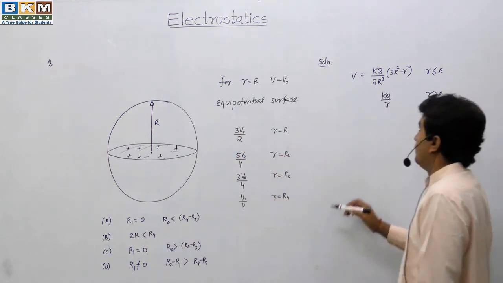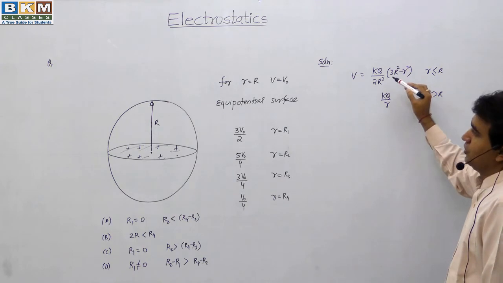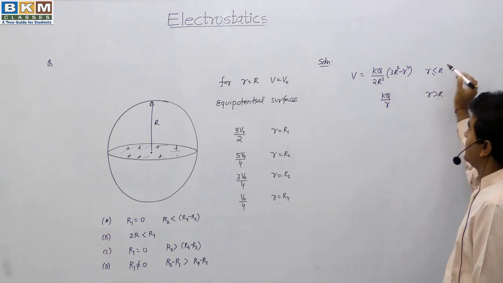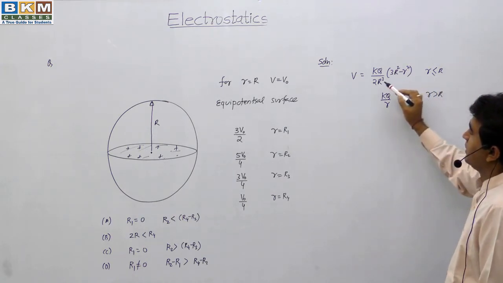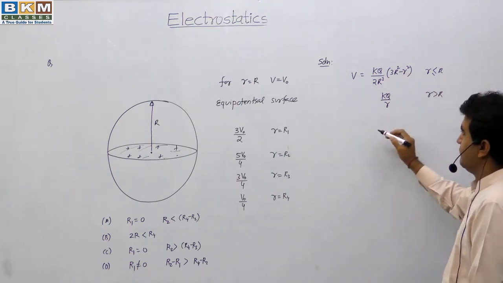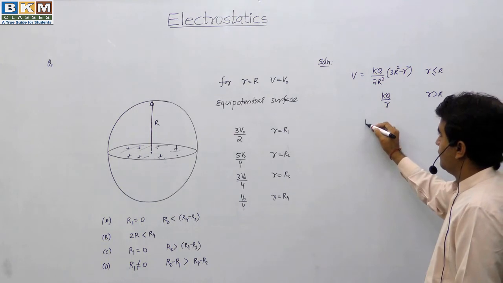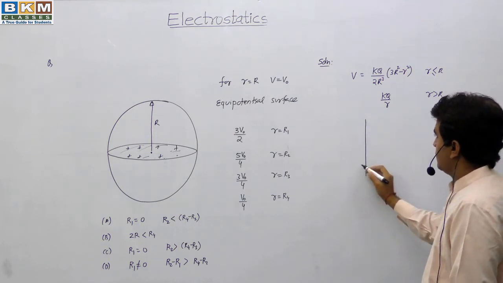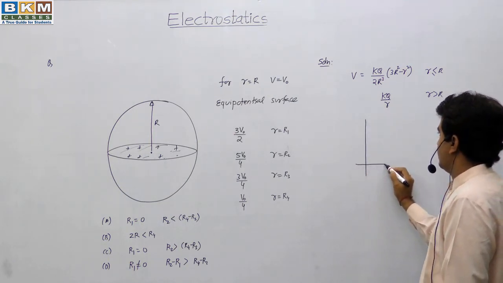So we know the formula of electric potential due to a solid sphere as a function of r. For the inside point, this is the formula. For the outside point, this is the formula. When we draw the graph for this, it will be like this.